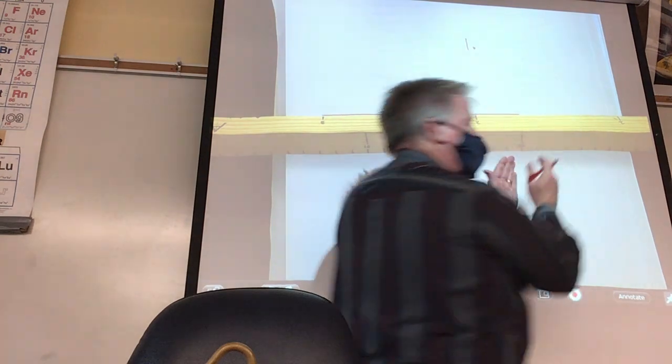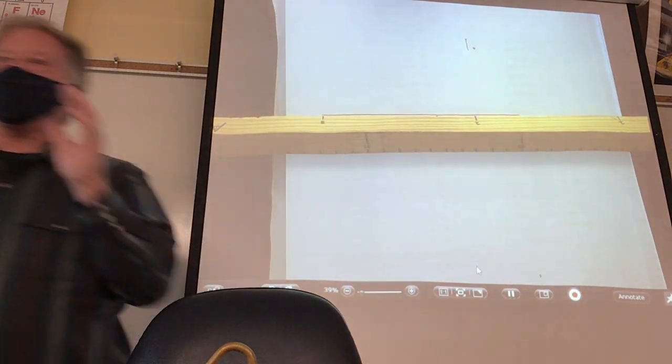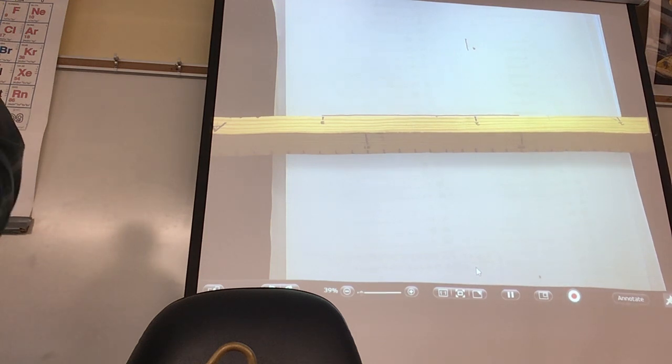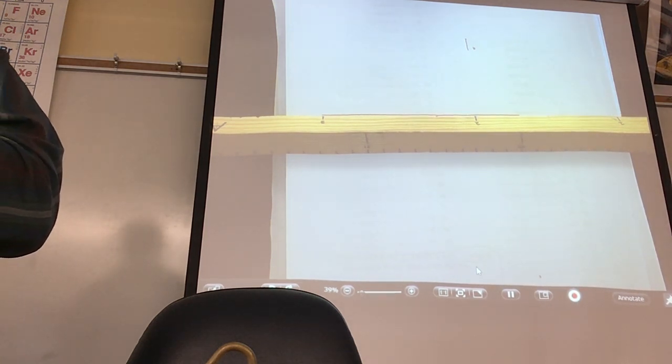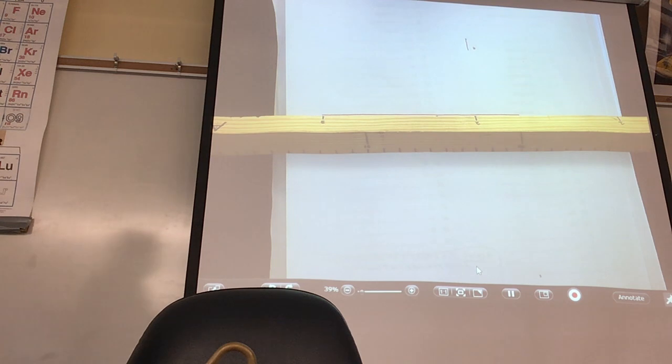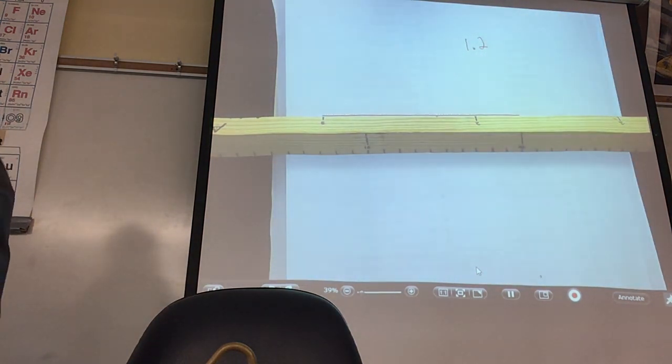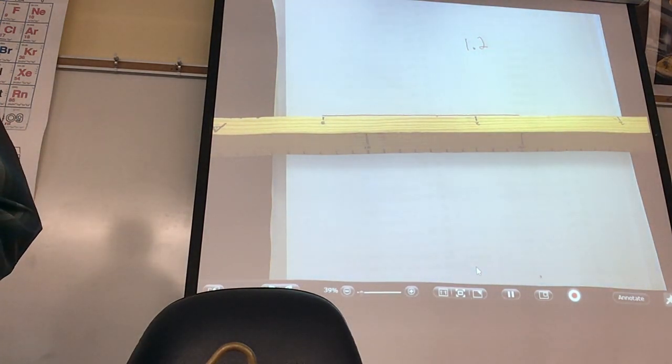So what if you thought it was halfway across? What would you say? You'd say 1.5, wouldn't you? But it's not halfway, so what are you going to think? What do you think here? Does some of you think that maybe? Anybody think something else?